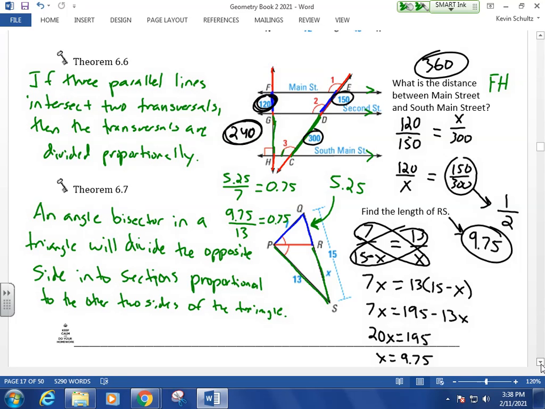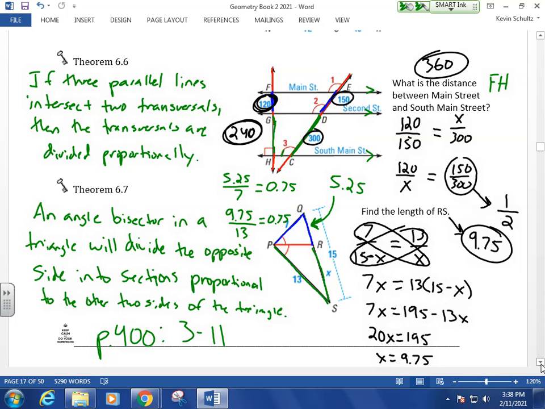All right. Your homework for Tuesday, our next live class day, I would like you to look at page 400. And on that page, let's do 3 through 11. 3 through 11 on page 400.